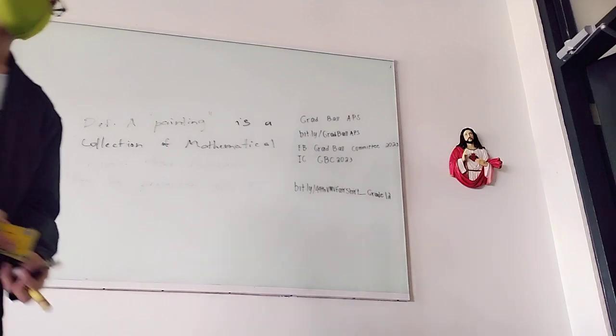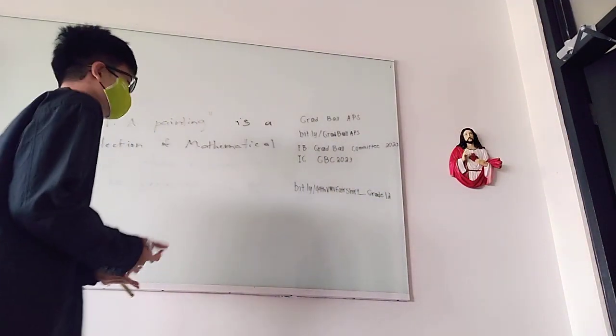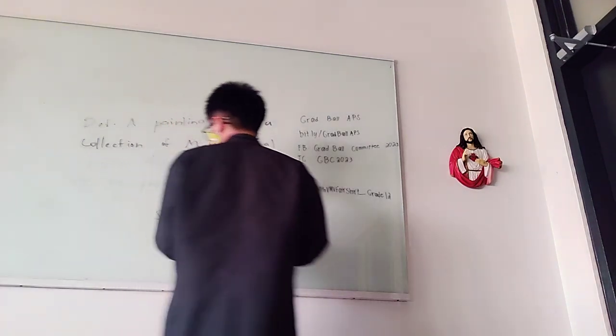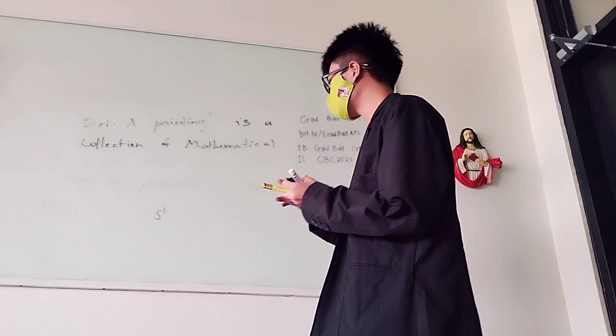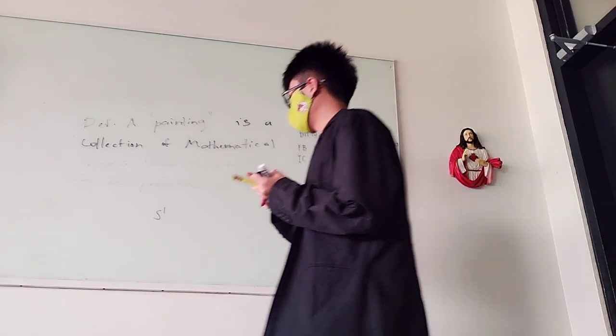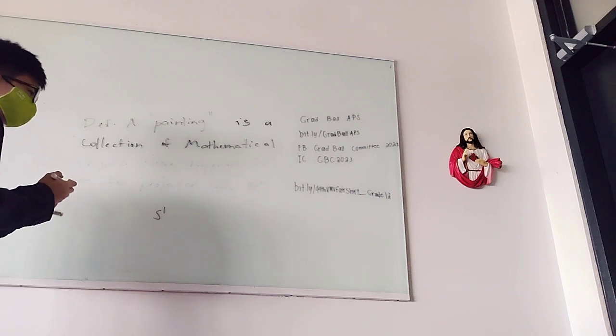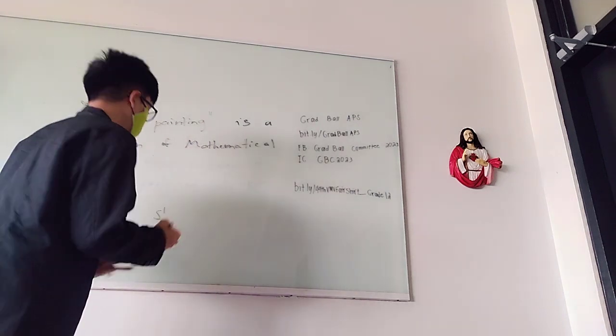Okay. So even just a simple object like a simple circle S1 is already a painting, because notice that we can represent S1 as a subset of R2.